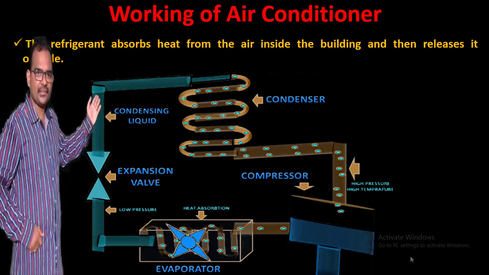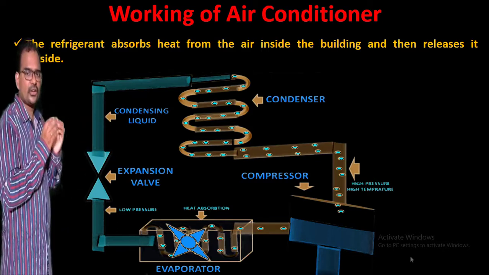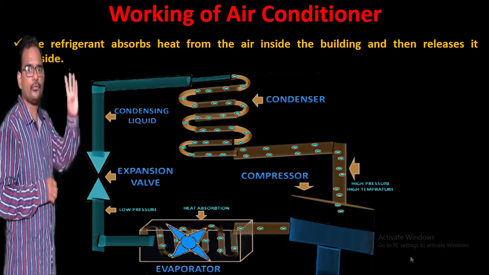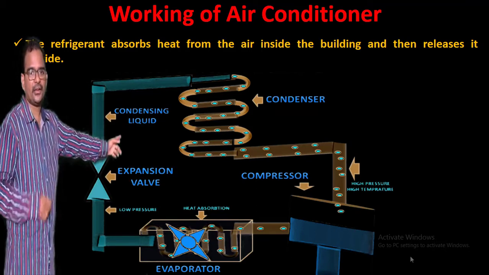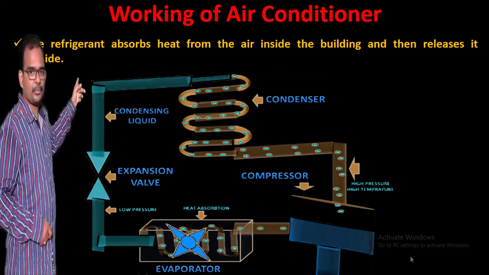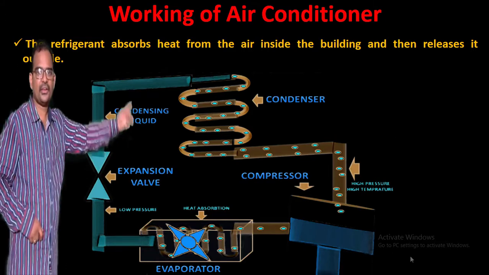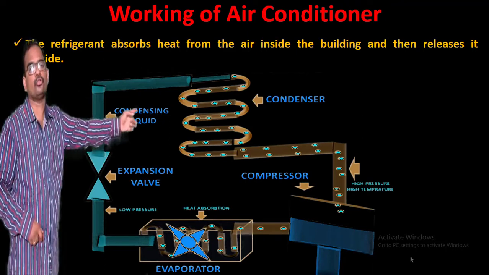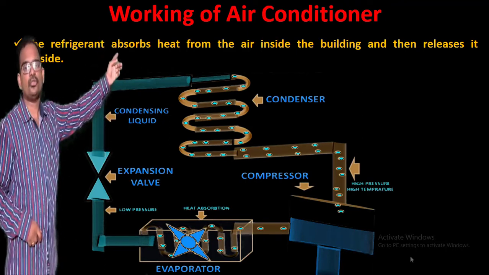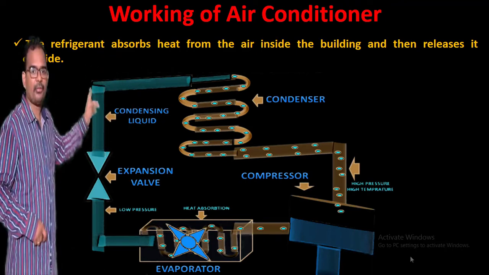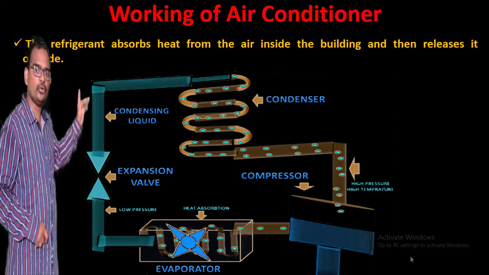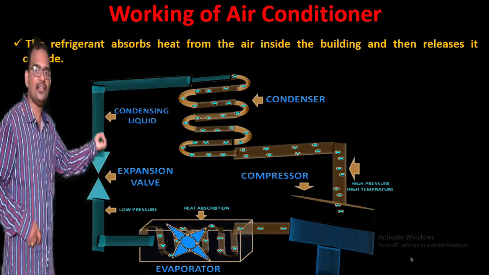As you can see in this figure, this air conditioner system consists of 4 different parts. You can see it here: compressor, condenser, expansion valve and evaporator. And we have already seen that the compressor and condenser form the outdoor unit which is at the outside of the room, and the expansion valve and evaporator form the indoor unit which will be inside the room.